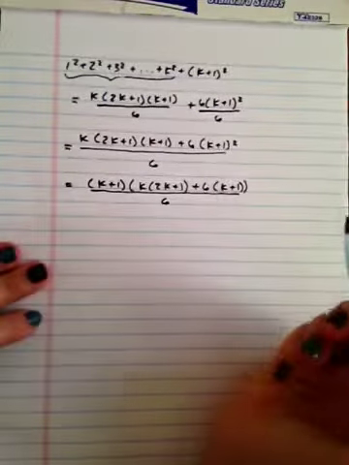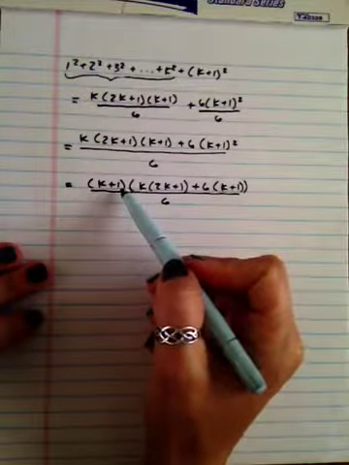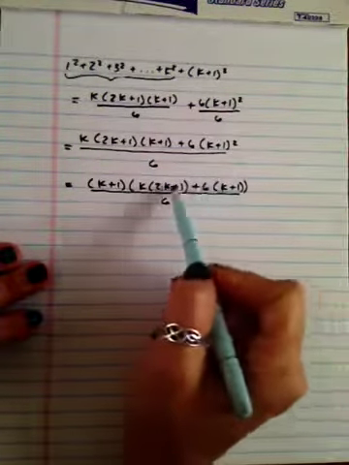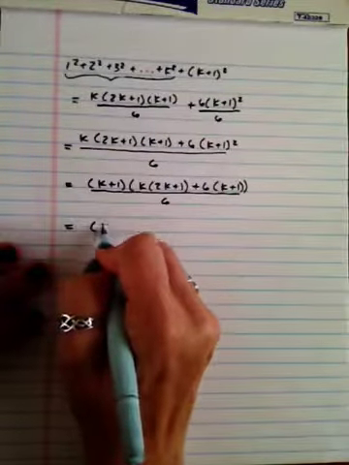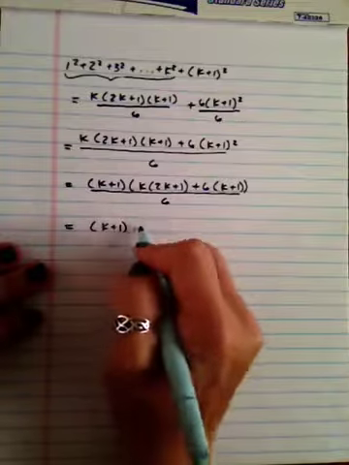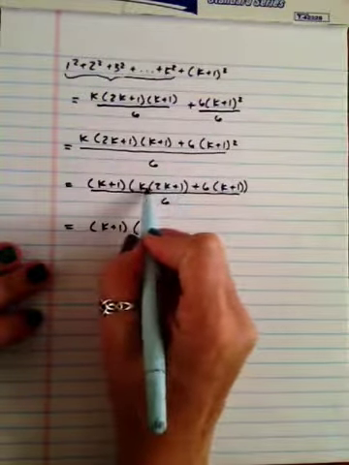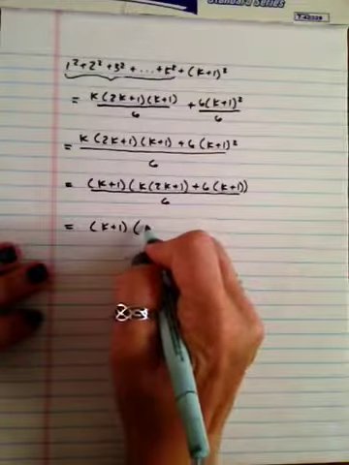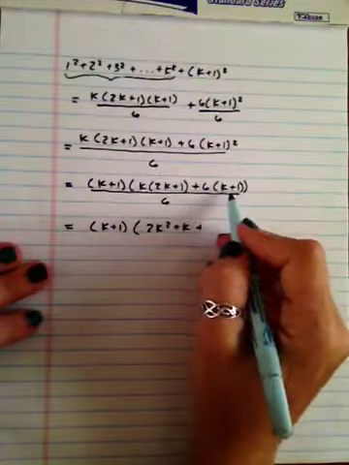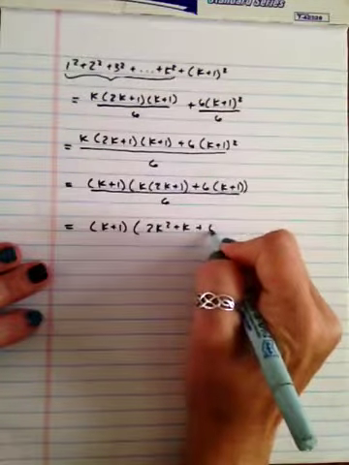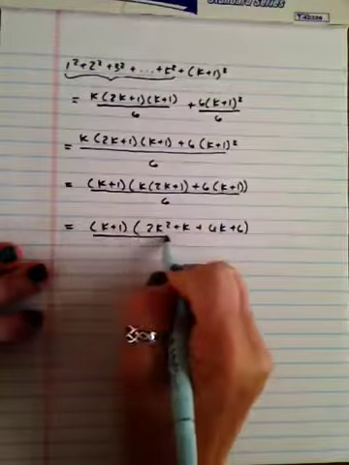And if you take a look back at our original goal, one of our factors was supposed to be k plus 1, and it's right there. So I just have to work with the inside of this expression. So I'm going to simplify that. So this is k plus 1. Then k times 2k is 2k squared plus another k, plus, and then I distribute the 6, so 6k plus 6, and this is all over 6.